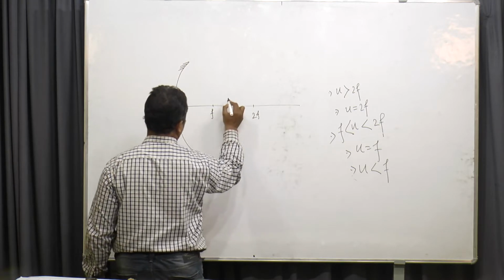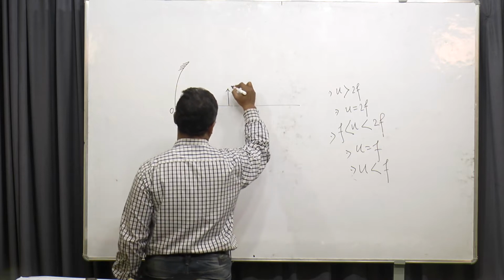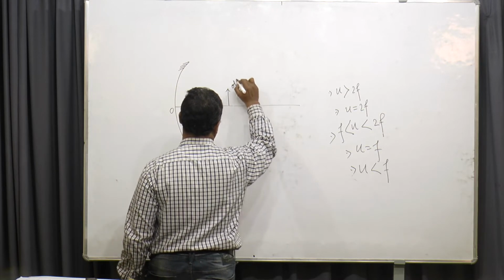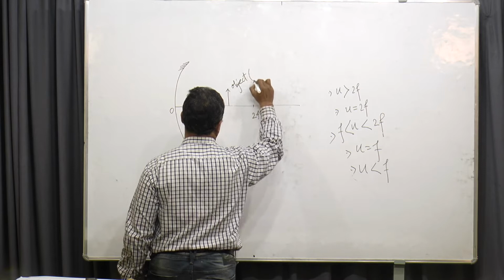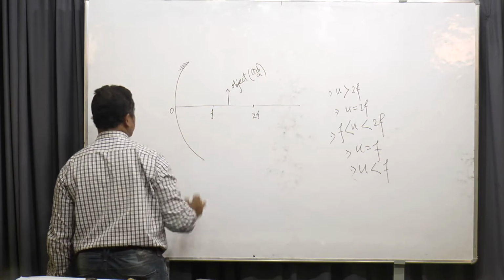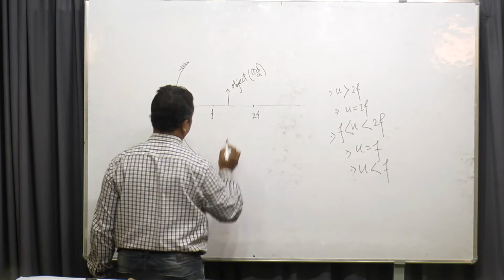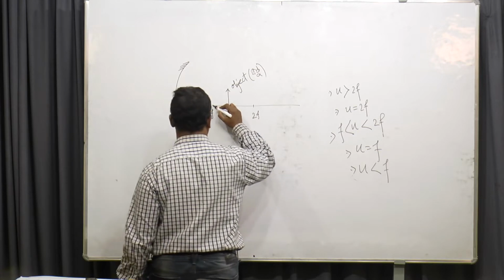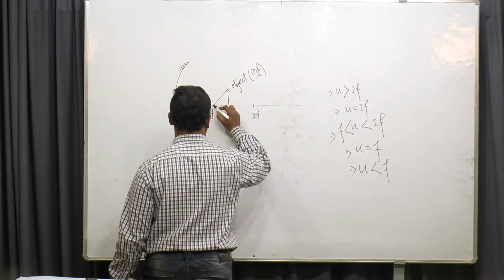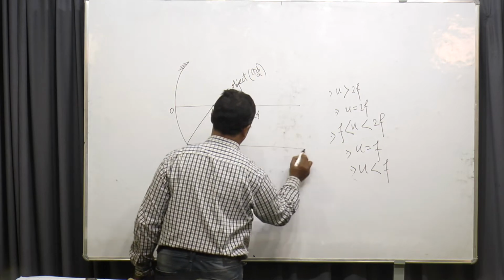I am putting my object here. This is my object. What was the first rule? Rays coming through the focus will be parallel after reflection. So let me draw the first thumb rule. Then it becomes parallel.